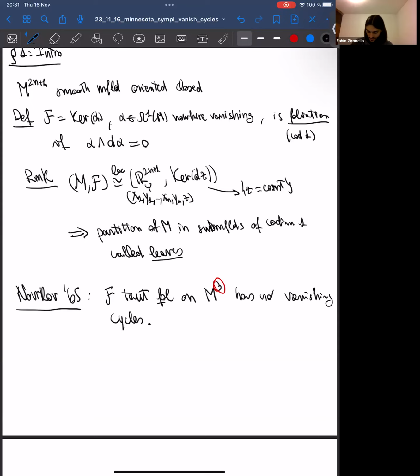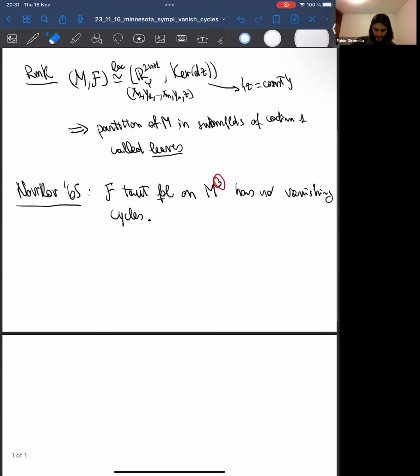I'm going to tell you in a second what vanishing cycle means as well, but let me just point out that in particular, this implies the following.